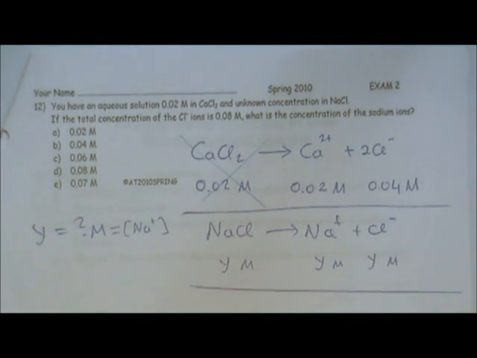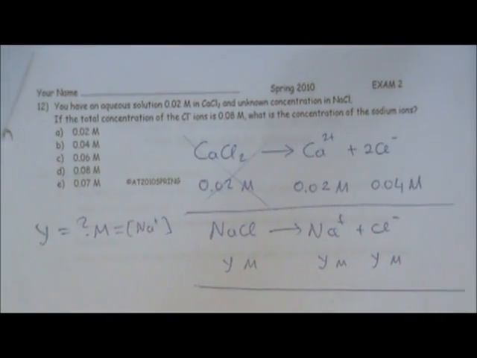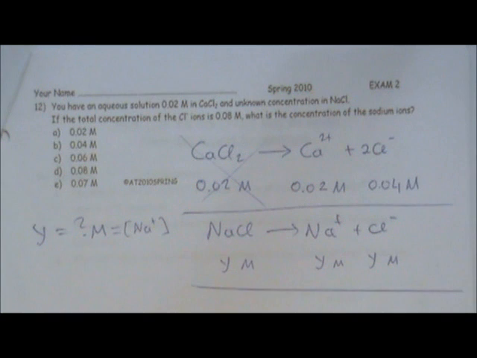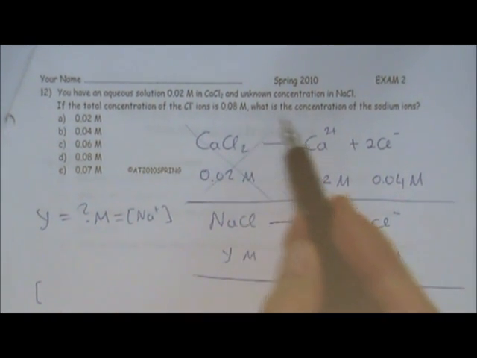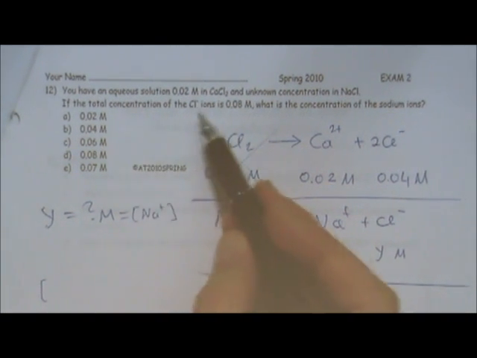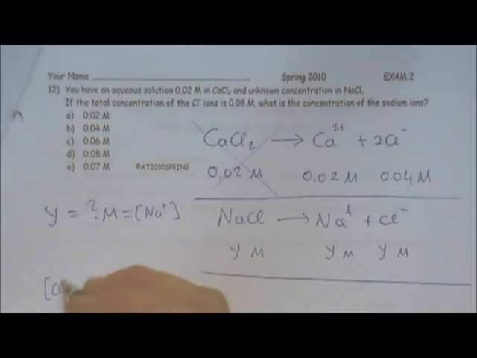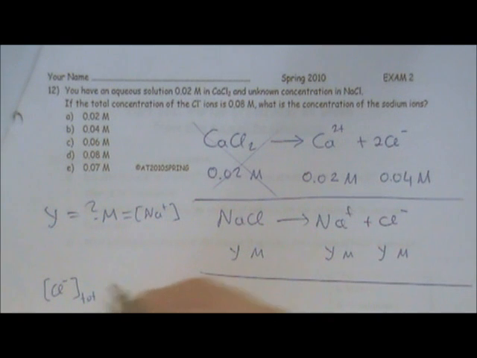So we have total concentration of chloride ions, concentration of chloride ions, total, right?